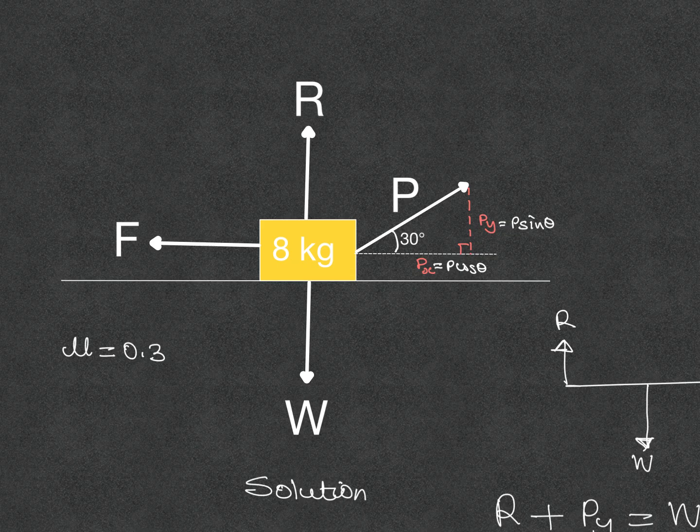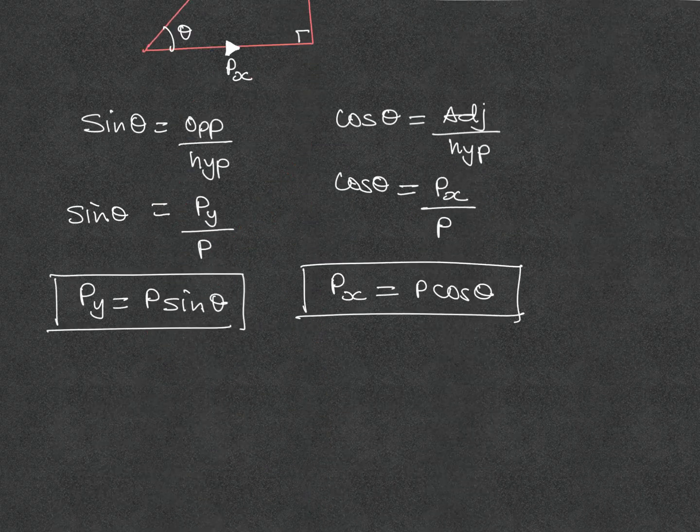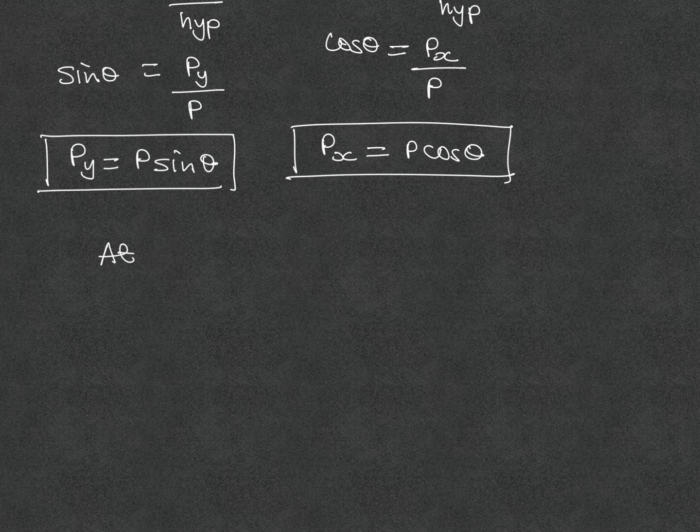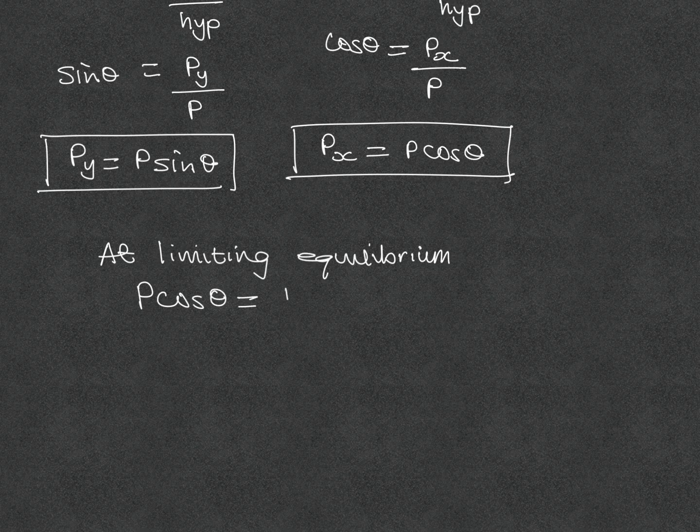So the P cos theta component will be equal to the frictional force. It is important for us to start from there. At limiting equilibrium, P cos theta is equal to the frictional force F.